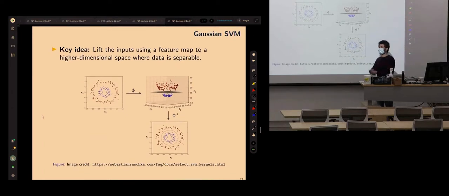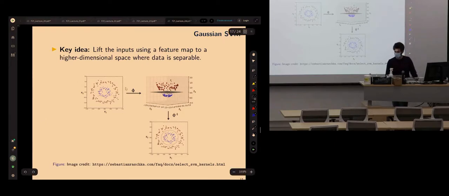Now, what if, this is the idea, it's a crazy idea. What if you lift your data into a higher dimensional vector space, like here from R2 to R3, and now it's linear. Instead of a line, a plane. This is a canonical example that shows that you can.